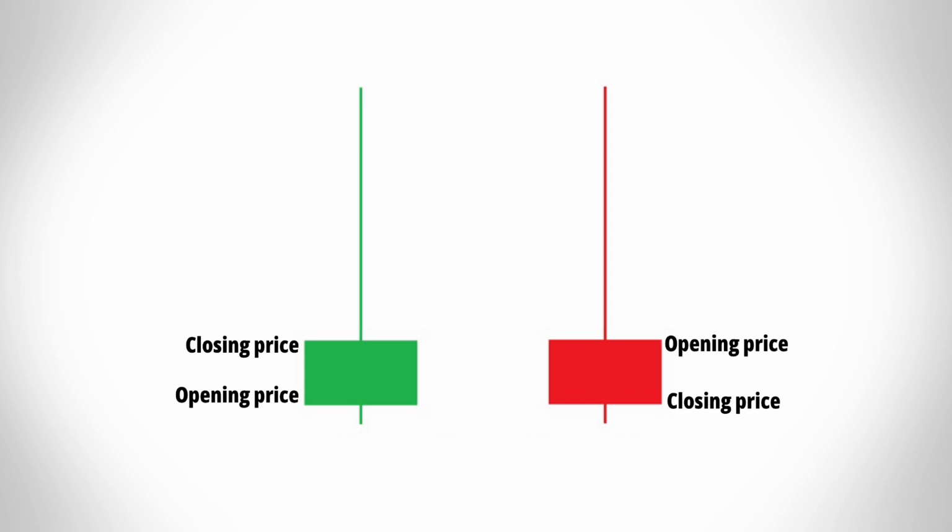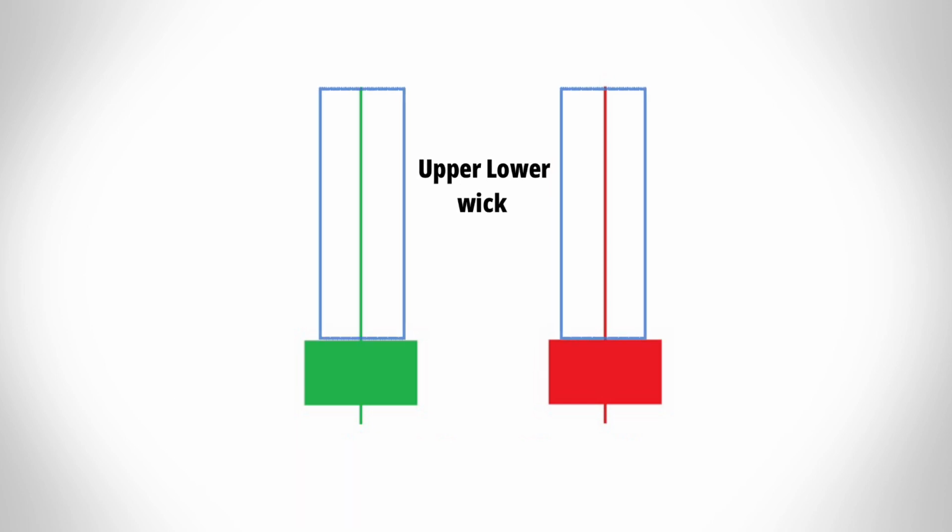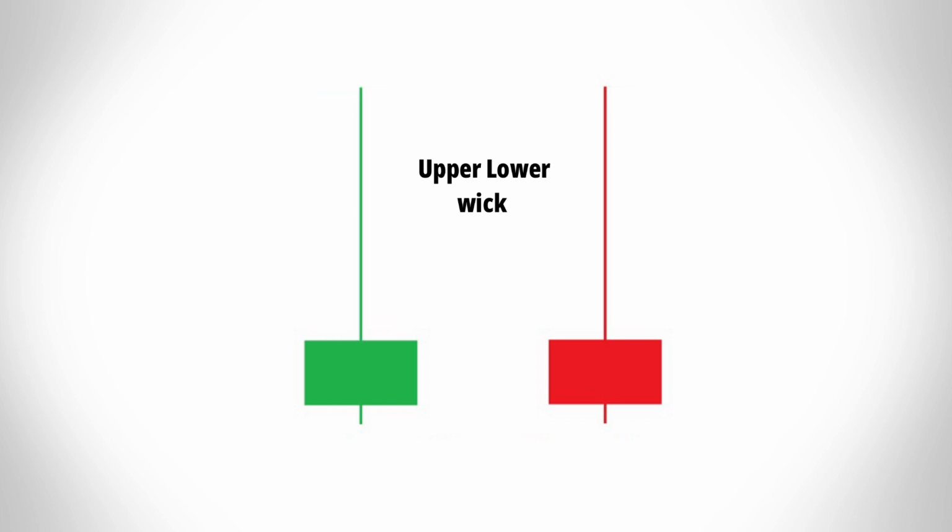First, a shooting star candlestick has a small body near the lower end of the candlestick that shows that the opening and closing prices are close, despite an earlier attempt to push price higher. The upper wick must be twice the length of the body, showing that buyers drove the price up significantly, but sellers regained control and pushed it back down before the close.